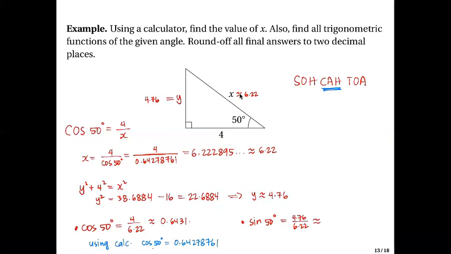So if we do this division, 4.76 divided by 6.22, it's 0.765273312. Okay?